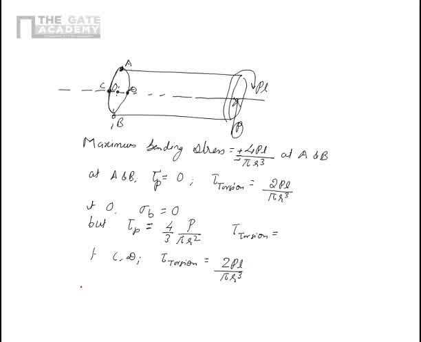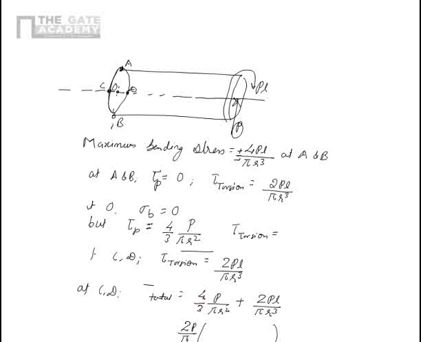So at C and D, the total shear stress will be the sum of the direct shear stress and torsional shear stress. So I just sum them up, it becomes 4 upon 3 P upon pi R square plus 2PL upon pi R cube, which is nothing but 2P upon pi.